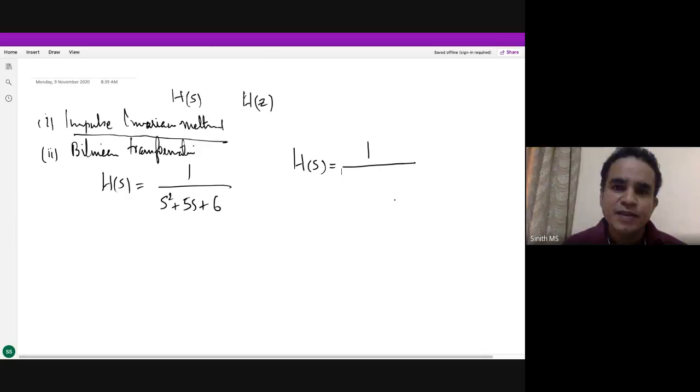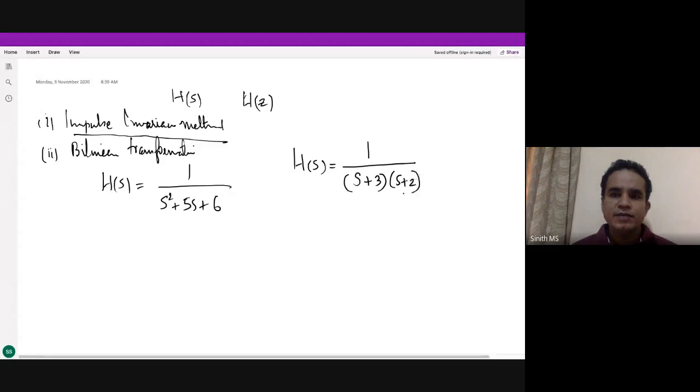Yes, sir. Clear. So H(s) is 1 by s square plus 5s plus 6. Then I think this can be written as 1 by (s plus 3) into (s plus 2). 3 plus 2 is 5, so 5s. 3 into 2 is 6.